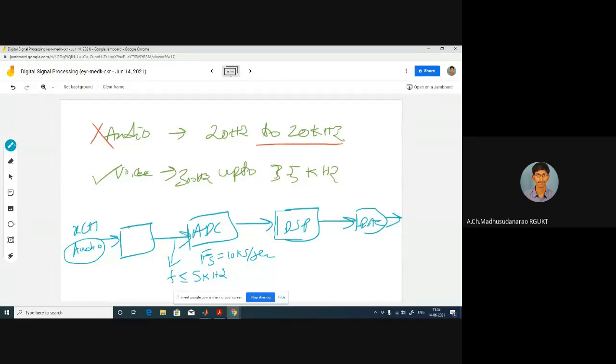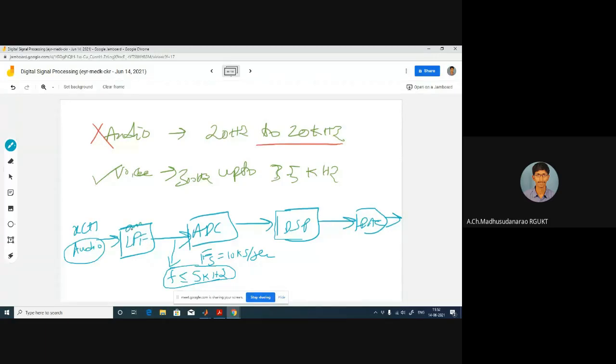But by introducing some block before this, I can do that. What is that block? I require this constraint, right? I'll try to design a block which will satisfy this condition. Then what should this be? Low pass filter.